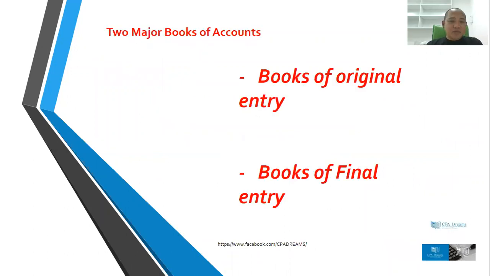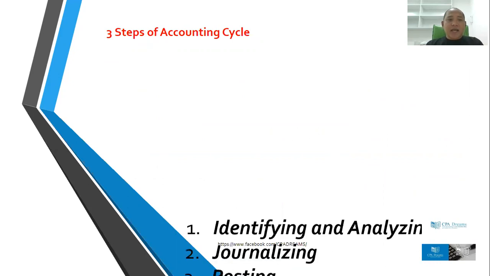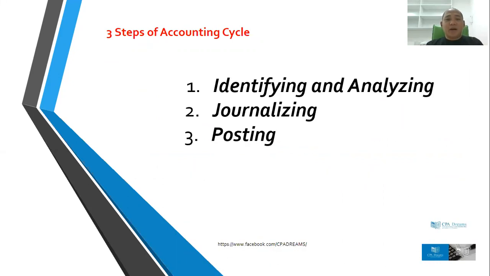Now, to refresh you, the book of original entry is the journal. The book of final entry is the ledger. So after journalizing, you are going to do the posting, which is in the ledger. Again, this is part of the steps of the accounting cycle. First is identifying and analyzing business transactions.